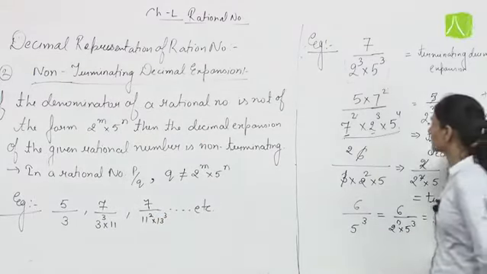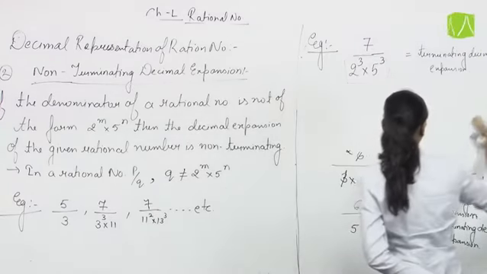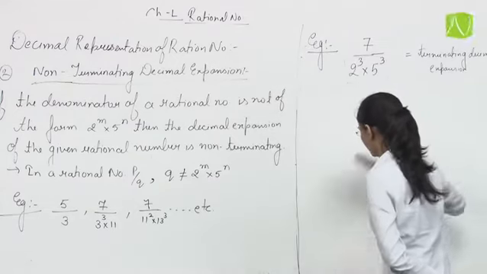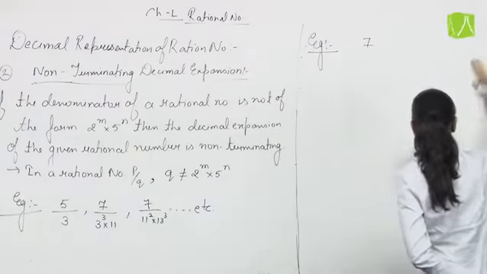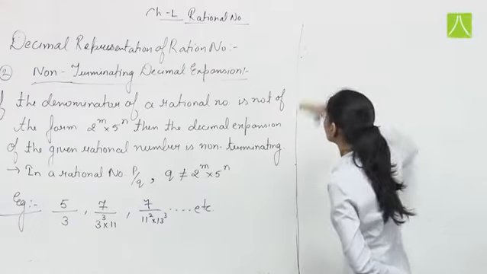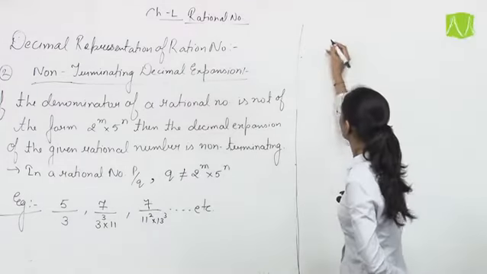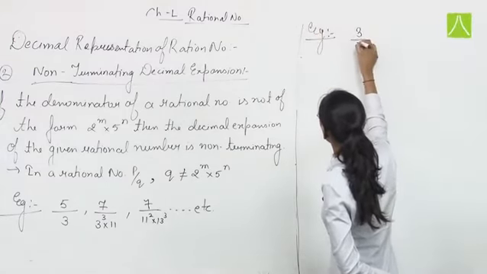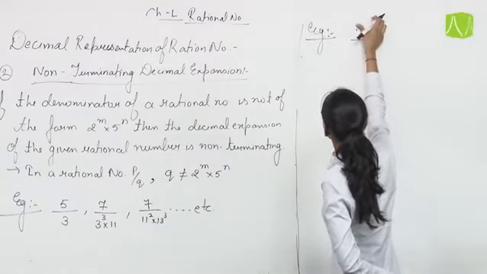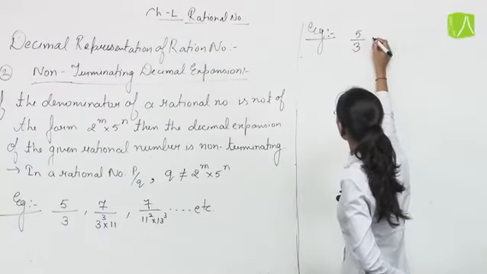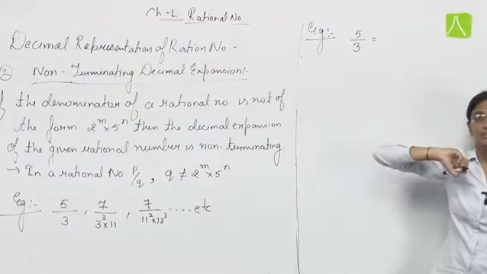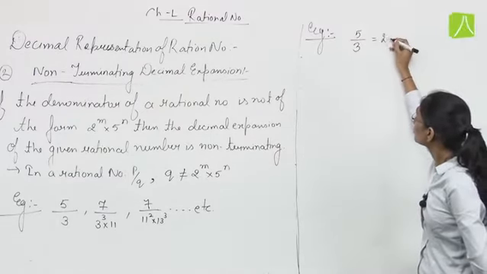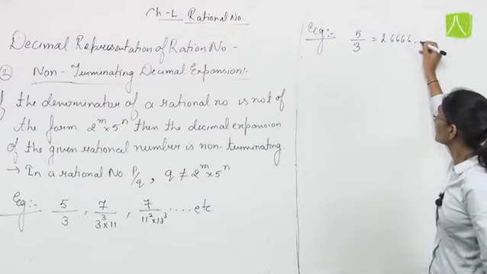Again, there are some questions where we need to check if the numbers are terminating or non-terminating. 5 upon 3. When 5 is divided by 3, we get 2.666666.